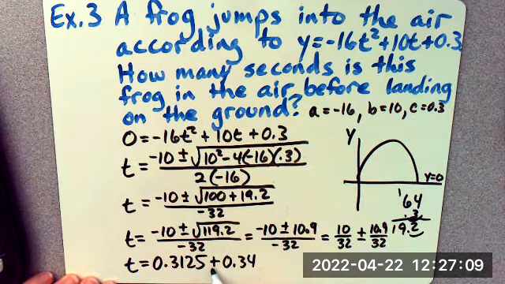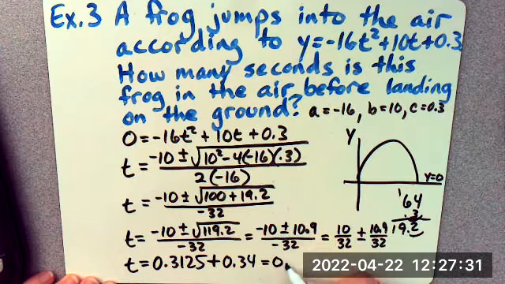And you notice it's plus or minus here, but if I subtracted 0.34 from this, I'd have negative time. So we aren't going to do the minus because we can't go back in time. The frog is jumping forward in time. So we're going to add these two together.